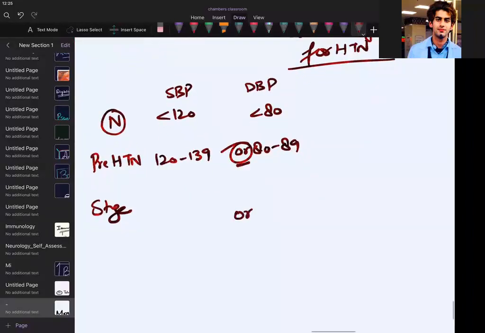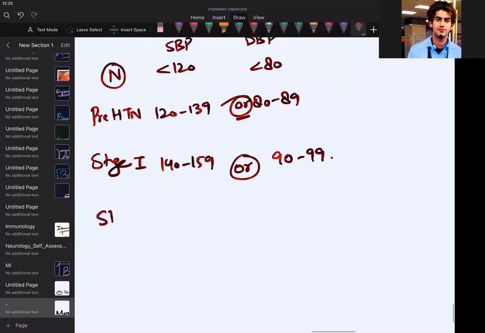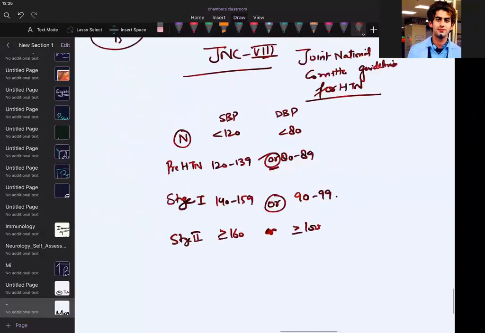This also means if they have a systolic BP of 140 to 159, this will be stage 1 hypertension, or 90 to 99 diastolic BP. Stage 2 hypertension will be greater than or equal to 160 or greater than or equal to 100.